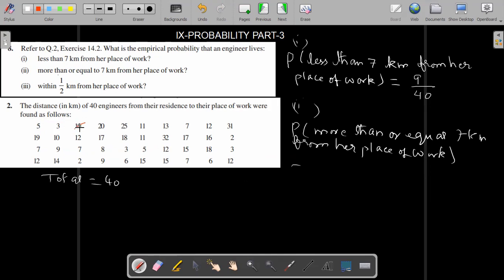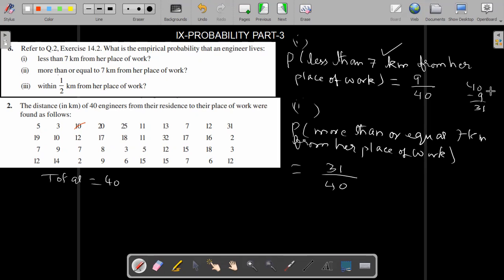Total 9 is less than 7, and 7 and more than 7 will obviously be the rest of the 40. So 40 minus 9, so 31. We can do it directly, 31 upon 40, because we have taken the less than 7 kilometers, so the left out are 7 and more than 7 kilometers.